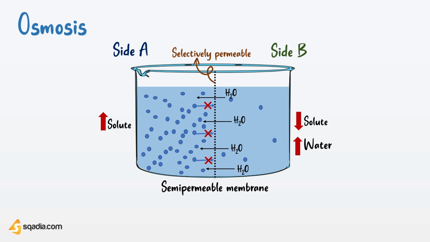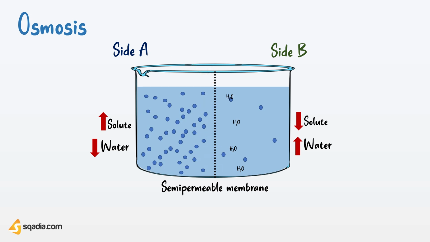That is the area of low solute but high water concentration. These water molecules are small in size than the solute particles, and so under the influence of that pull by large solute molecules, the water molecules will move through the pores of a semipermeable membrane from an area of high water concentration to an area of low water concentration. That is from side B to side A.